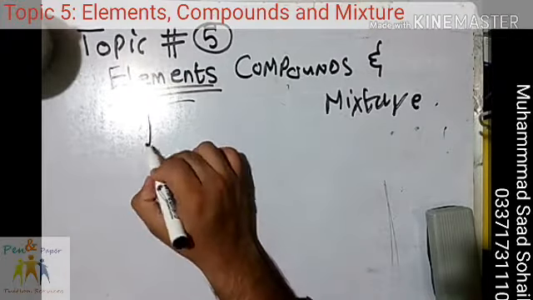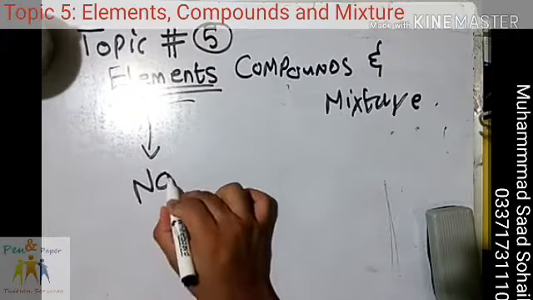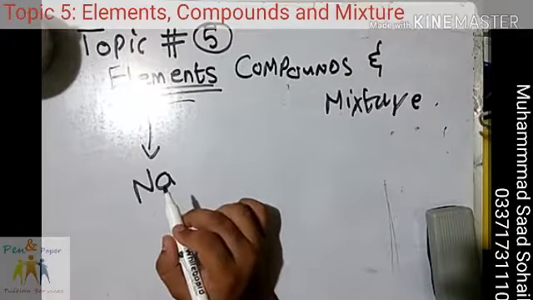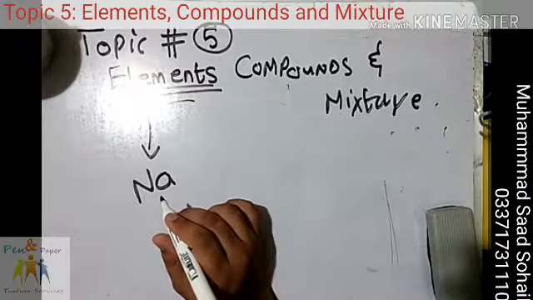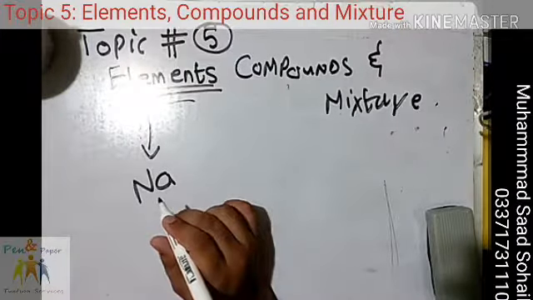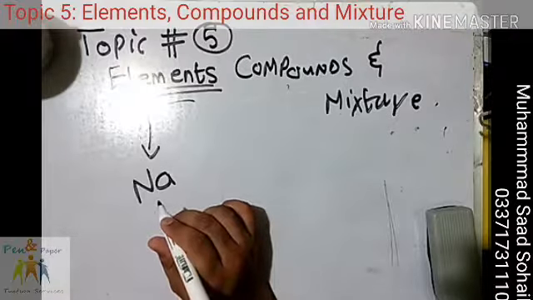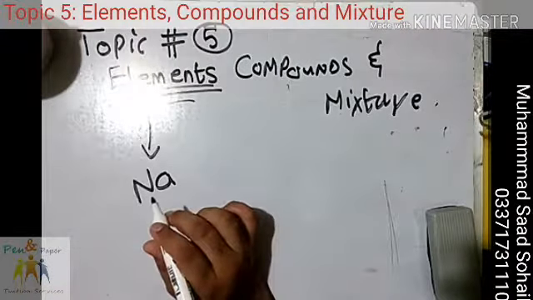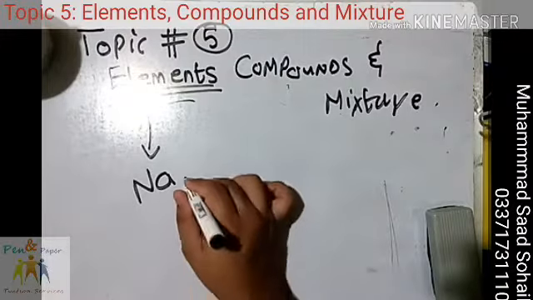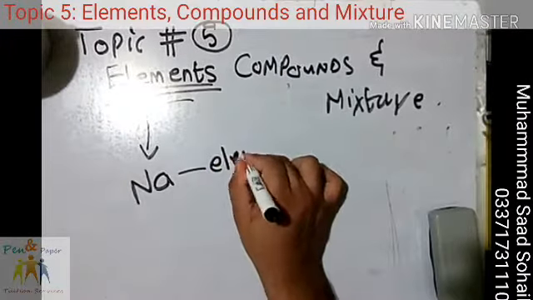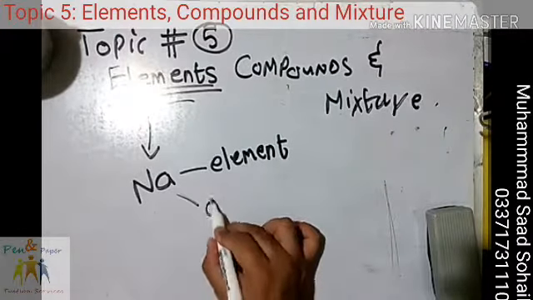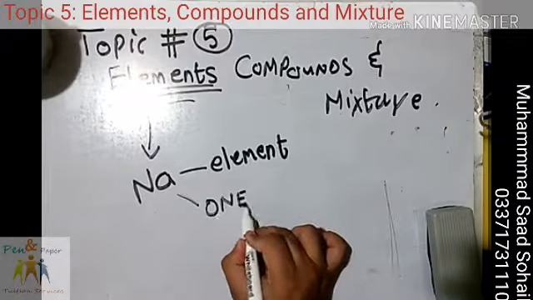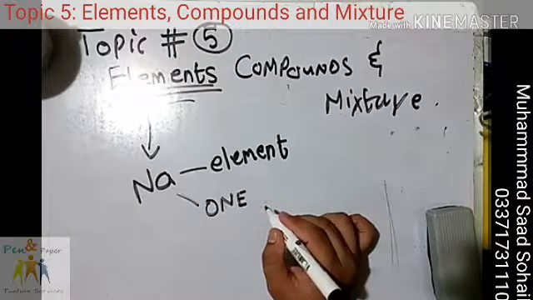Let's look at the example of the element sodium. This element is made up of only sodium atoms, so therefore it can be defined as an element. If there were different types of atoms present in sodium, then this could not be called an element.